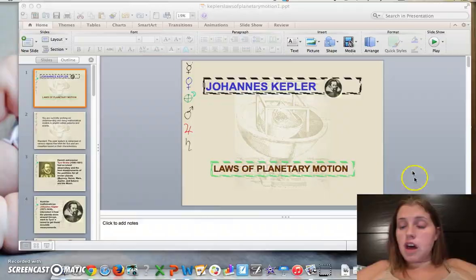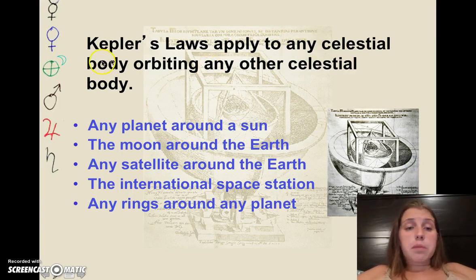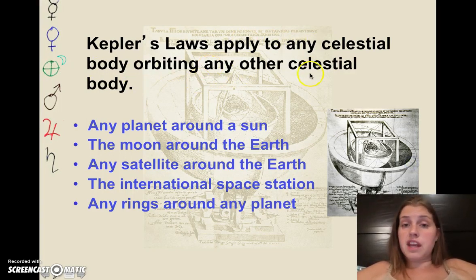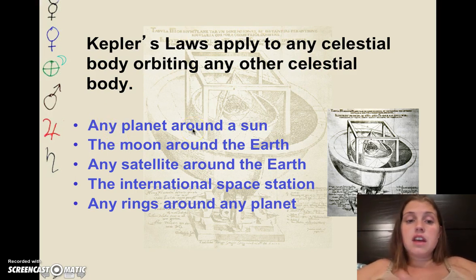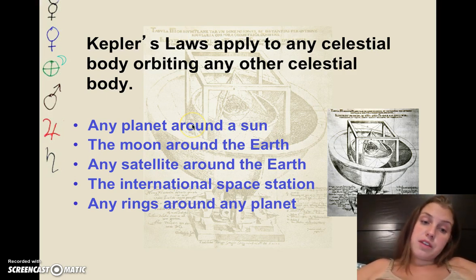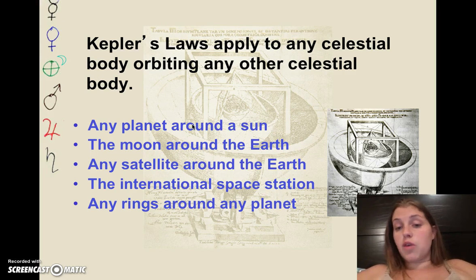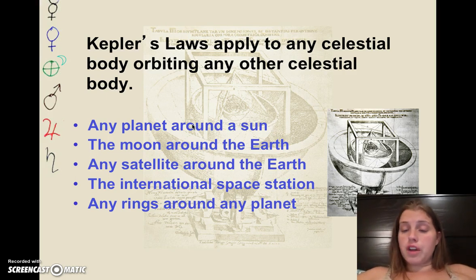Kepler's laws apply to really any body that's orbiting any other celestial body. Any planet that orbits the sun, how the moon orbits the earth, how satellites orbit around the earth, how the International Space Station orbits around the earth, or any rings that orbit around any given planet. They all work the same way as far as calculating how far across they are and how long they would take to travel around something.